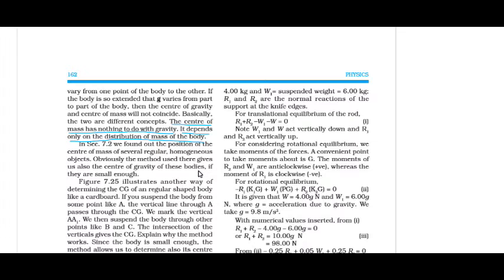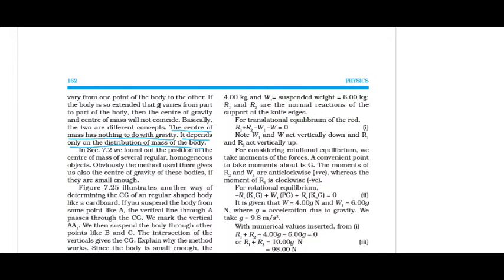In section 7.2, we found out the position of center of mass of several regular homogeneous objects. Obviously, the method used there gives us also the center of gravity of the body if it is small enough. Figure 7.25 illustrates another way to determine CG of a regular shaped body like a cardboard. Let us see figure 7.25.